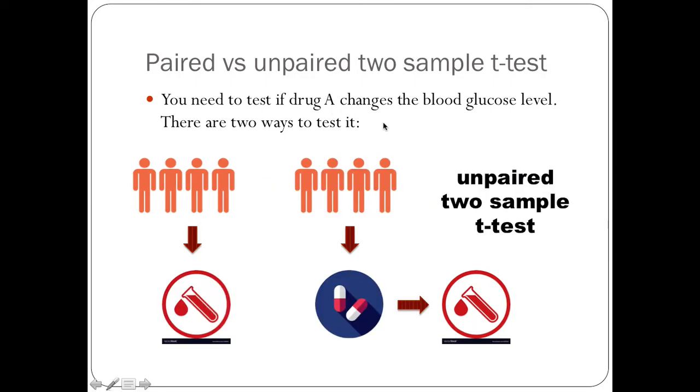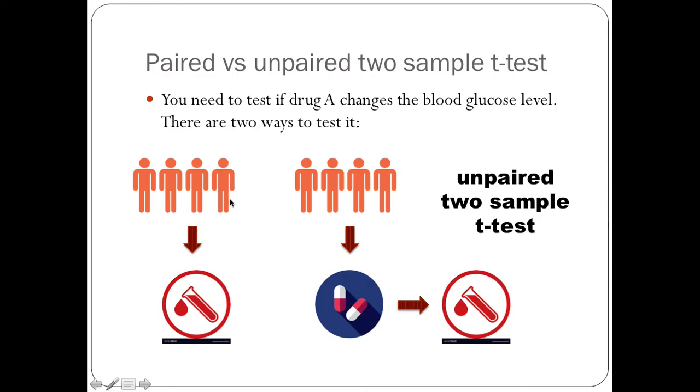The second way to measure the effect of drug A on the blood glucose level is by conducting an unpaired two-sample t-test. Here, you do this experiment by recruiting two different subject groups.